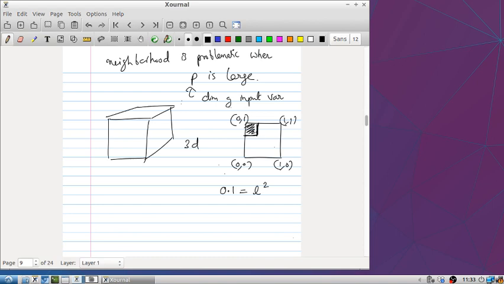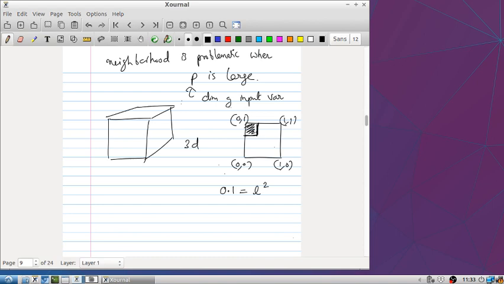Right. So this is somehow the neighborhood. Okay. Definition of a neighborhood. I'm just saying that there's a volume, and this is the side length of the region that captures that volume. And you can imagine, it's only capturing 10% of the volume, so it's a reasonable notion of a neighborhood. Right? So L is square root of 0.1.